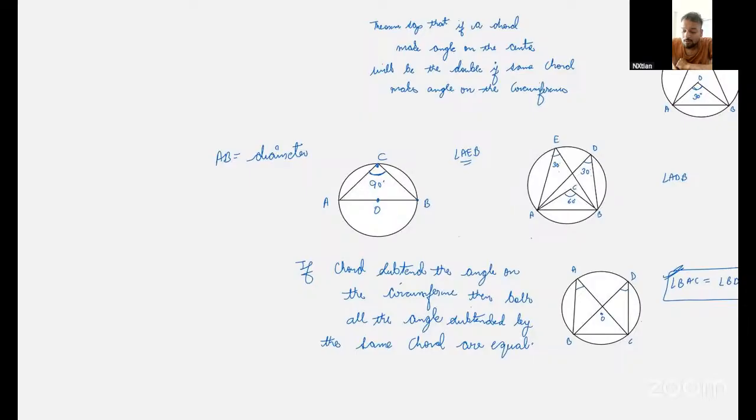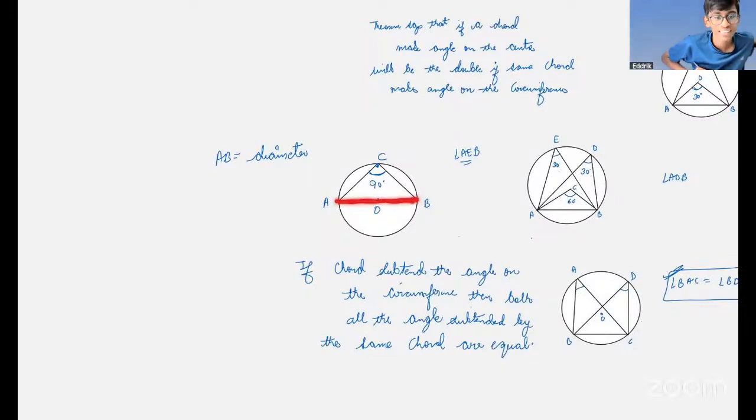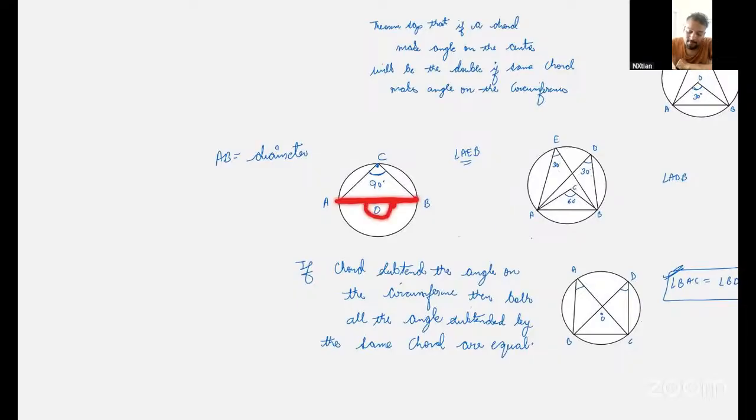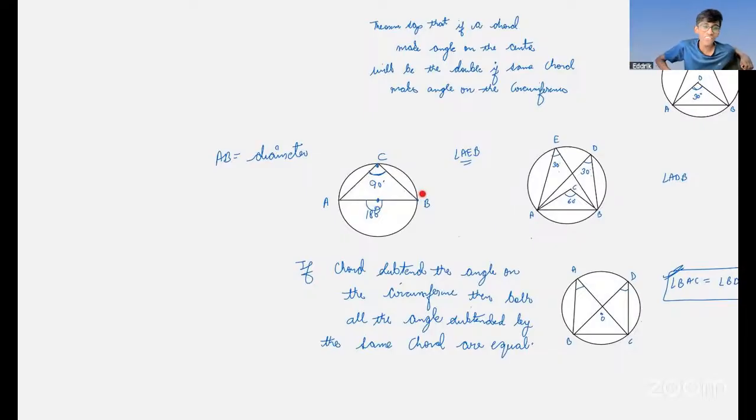We know that this is a diameter and it's a straight line. AB is a diameter as well as a chord. Now AB is a chord and it subtends an angle of 180 degrees, because a straight line subtends 180 degrees. And the same chord AB makes an angle on the circumference, which becomes half of it. 180 half is 90.